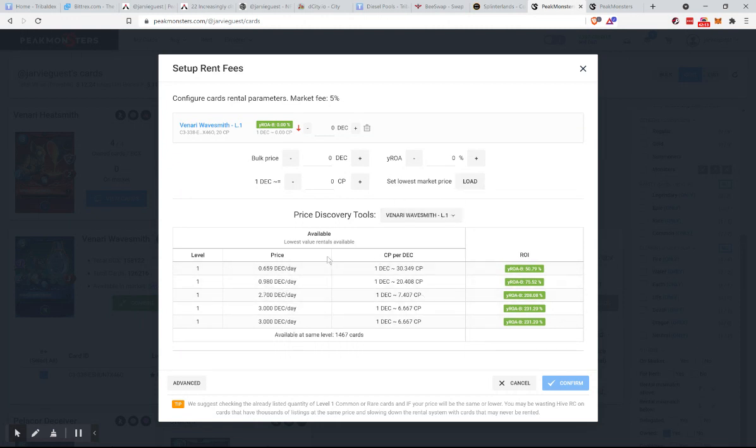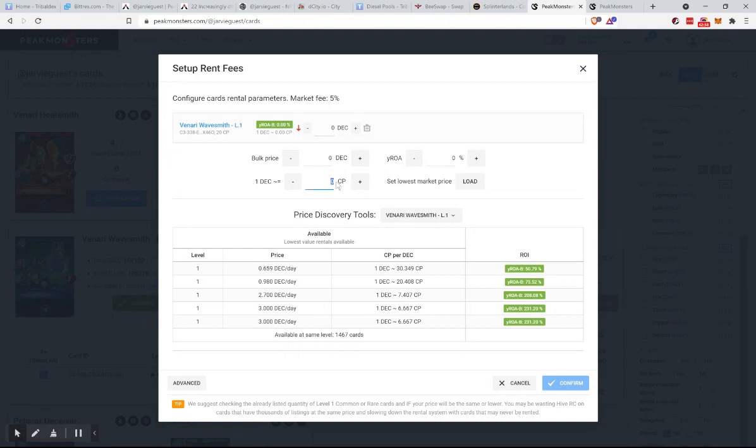People are just willing to rent it out for nothing almost? For almost nothing. It's a great card. Or maybe this is way too high. I don't know. But pretty soon, we're going to have bid rentals. And therefore, we'll have knowledge of what people are actually willing to pay. Pretty soon, as in today or tomorrow.